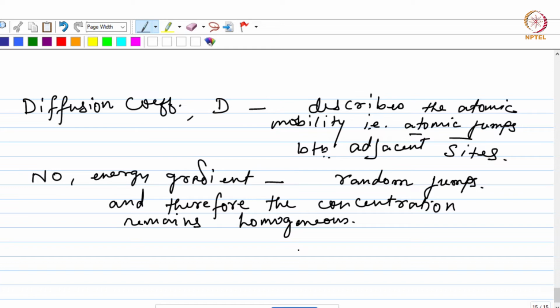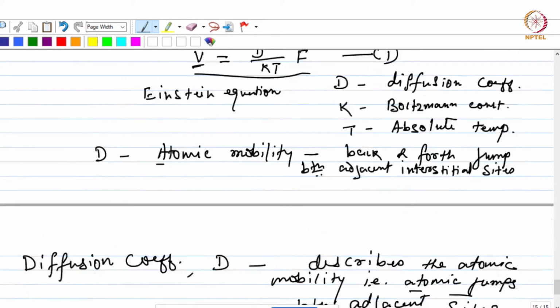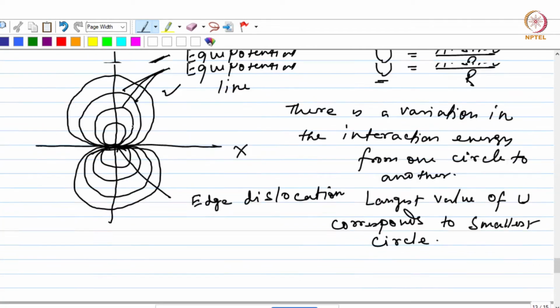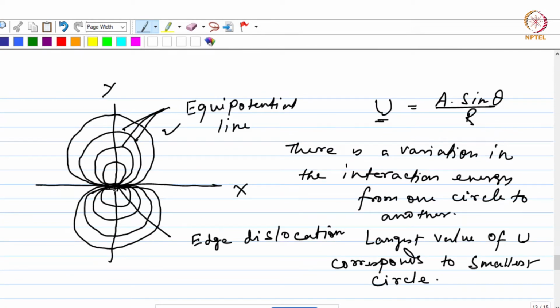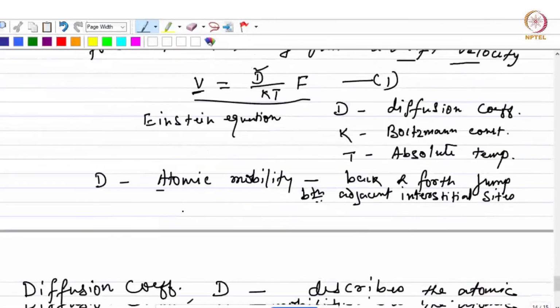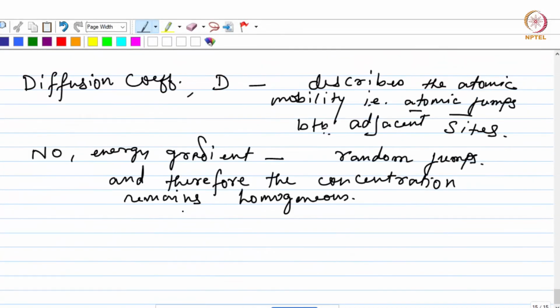But now we have seen that here we have an energy gradient, right? The energy varies as you vary the value of U. So under the influence of this energy gradient, how are the atomic jumps going to be? That is what we need to understand.